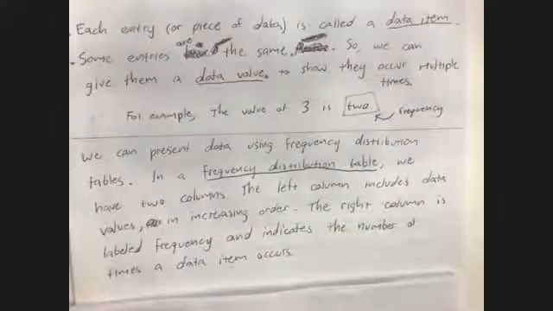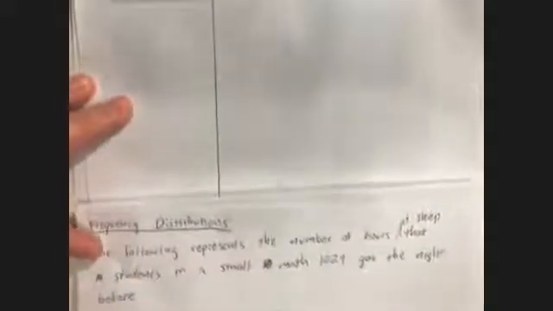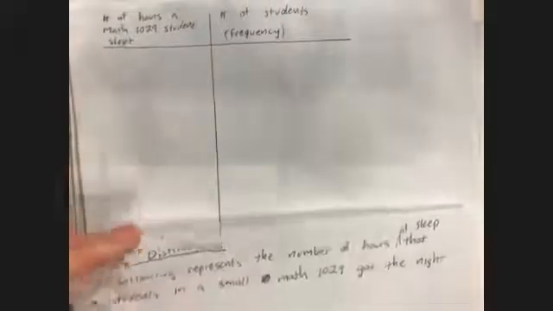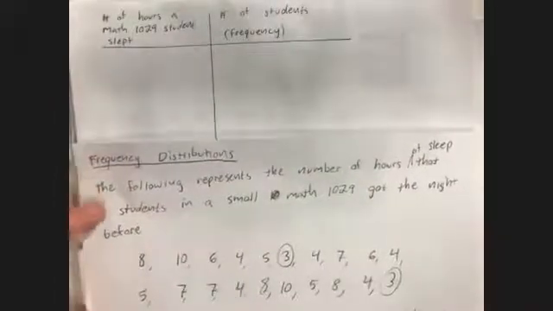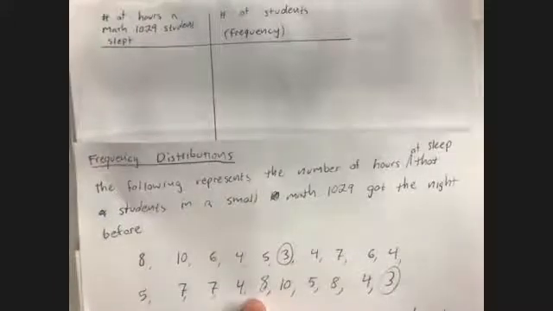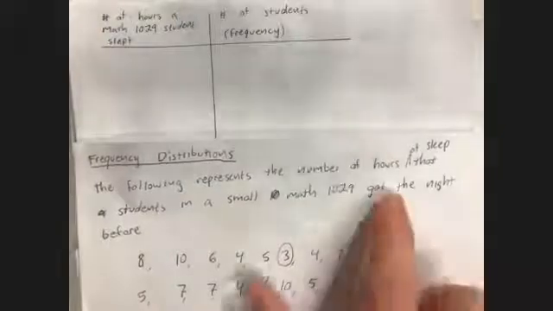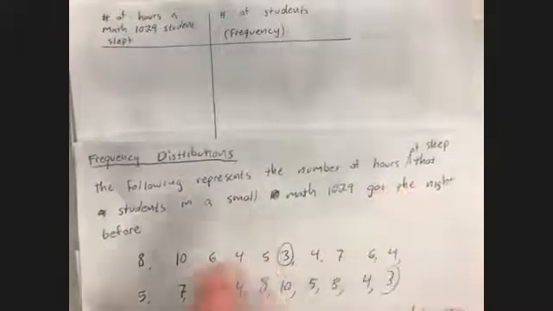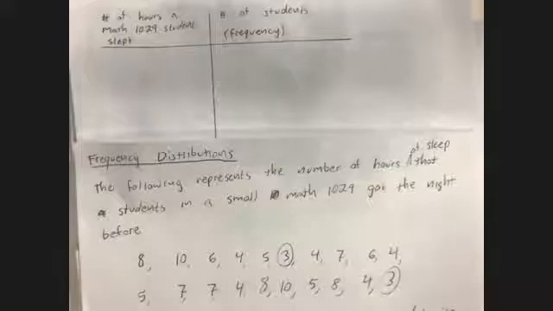All right. So let's see. I'm going to use the data. I might can fit it all right here. Yeah, we can see it. So my left column is what each of these numbers represent. Each of these numbers is the number of hours of sleep that a student slept.